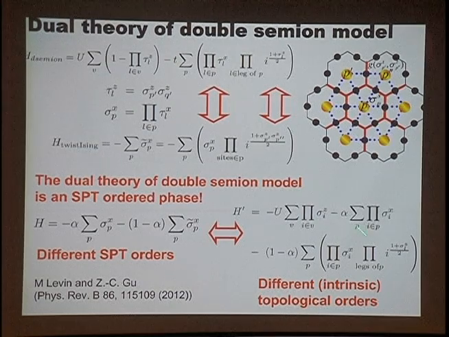I think Xiaogang also mentioned this part in his talk. Because these 2 models in the infinite limit have completely identical low energy spectrum, there must be a phase transition here, which also implies there must be a phase transition there. Or you can think about the opposite: assume there's no phase transition here, then it implies no phase transition here, which is a contradiction. So now we basically prove the non-triviality of this model.